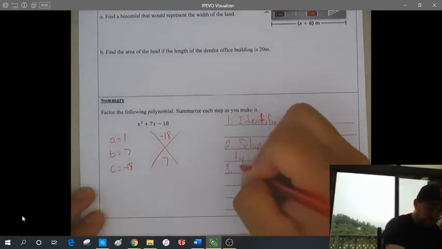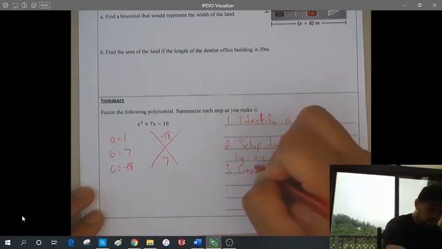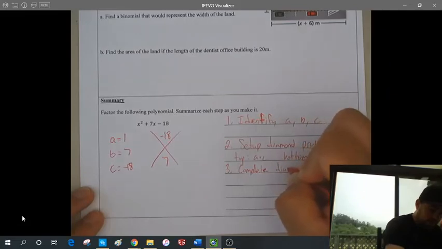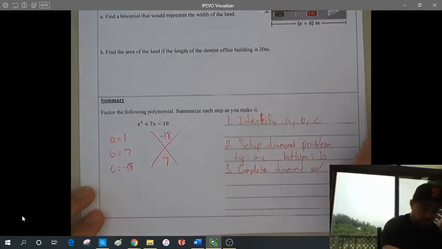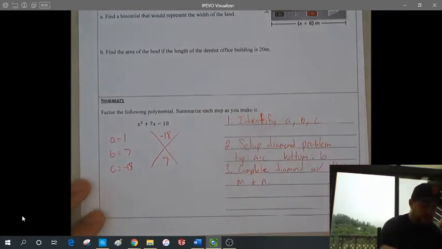Step 3: complete the diamond with factors. That's my m and my n values.